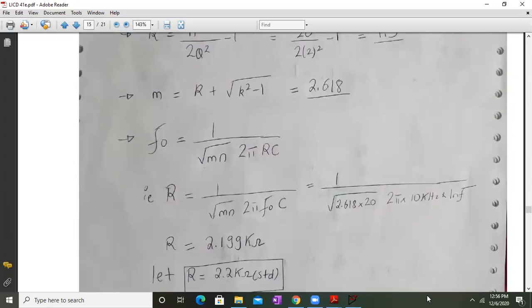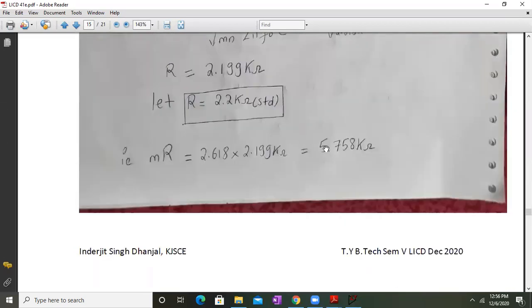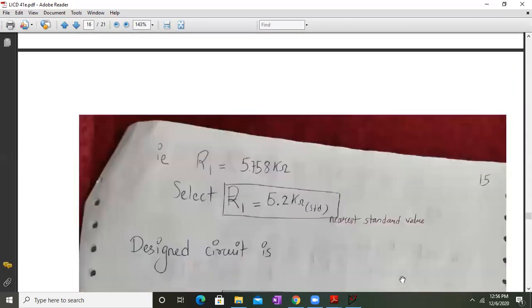F naught is 10K, and M and N values are 2.618 and 20. So with this, we calculate the value of R, which comes out to be 2.199. That is 2.2K standard value we select. Okay. So MR will be 5.758. We substitute the standard value as 6.2K, a near standard value.